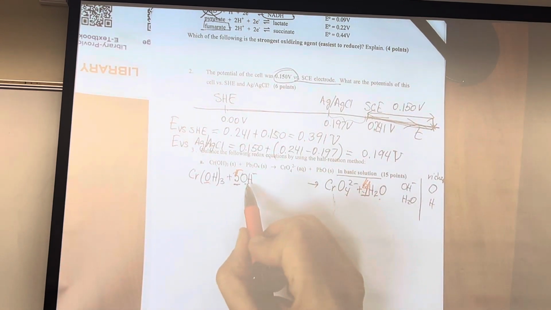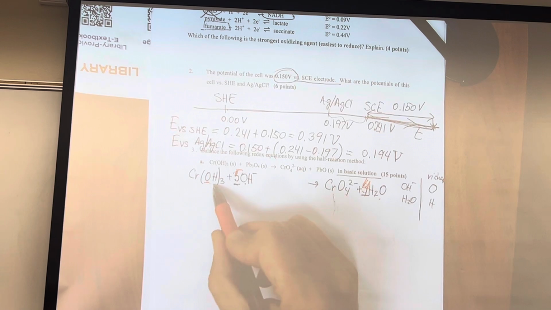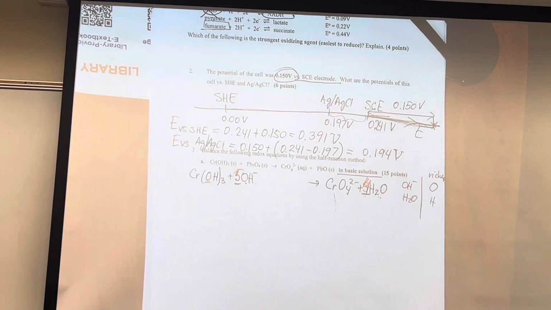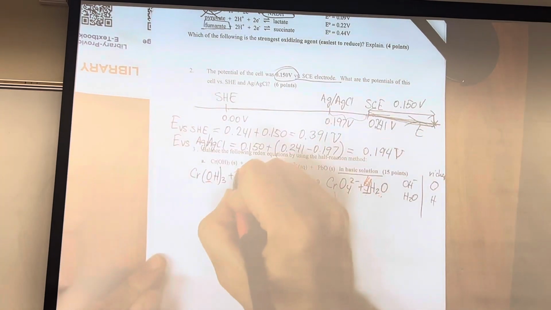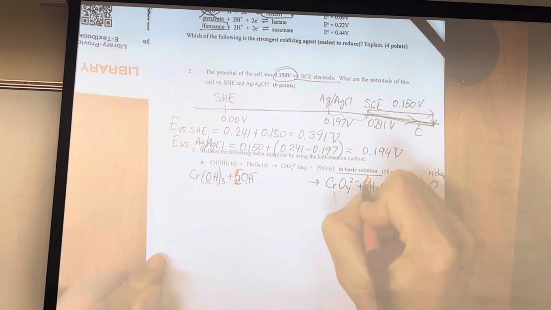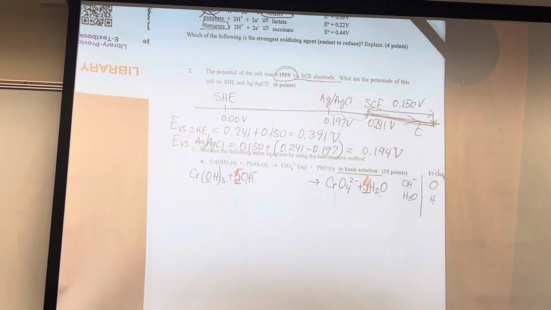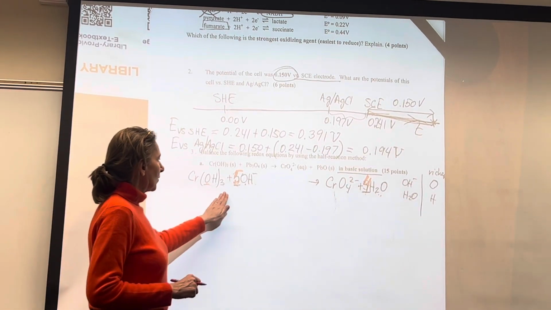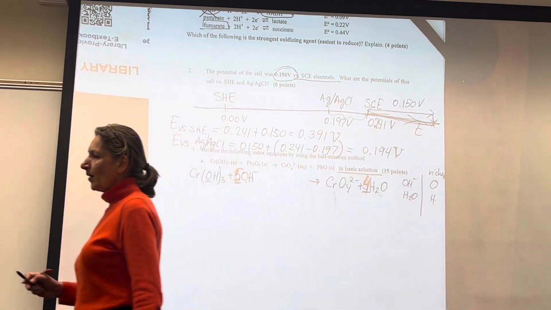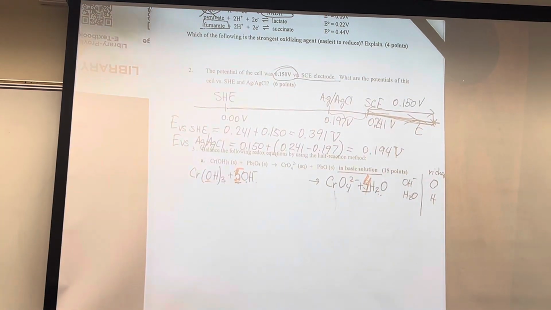And now let's look at hydrogen. 3 and 5 is 8, and here we have 8. Good suggestion. So 5 on this side and 4 waters. All elements are balanced, but charge is not. Let's look at the overall charge here and overall charge up here. So on the reactant side, what charge do we have?